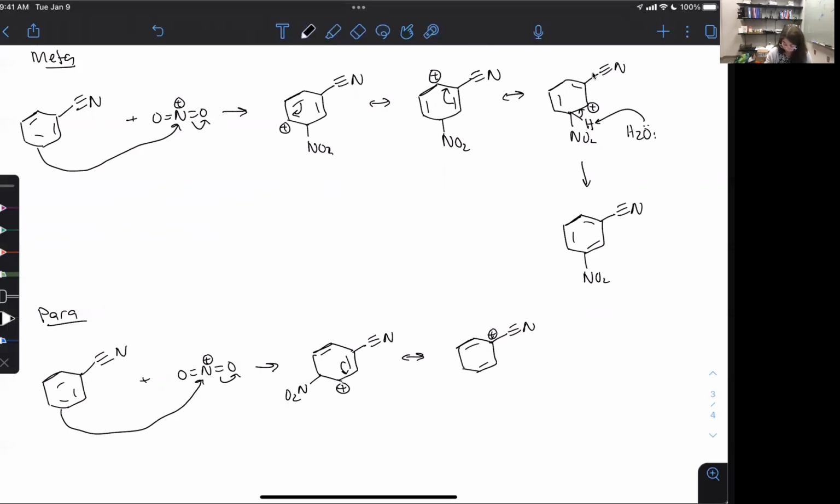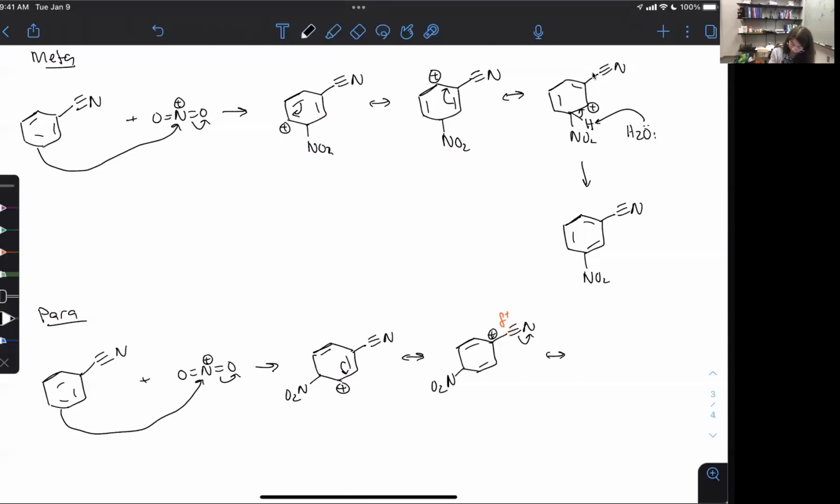Okay, so I'm starting to get a little worried here. I've got my positive charge where I did not want it, right? Because I still have a delta plus on that carbon. You don't necessarily have to draw the resonance structure to show it, but it is there. There is no getting away from the fact that this carbon is delta plus.